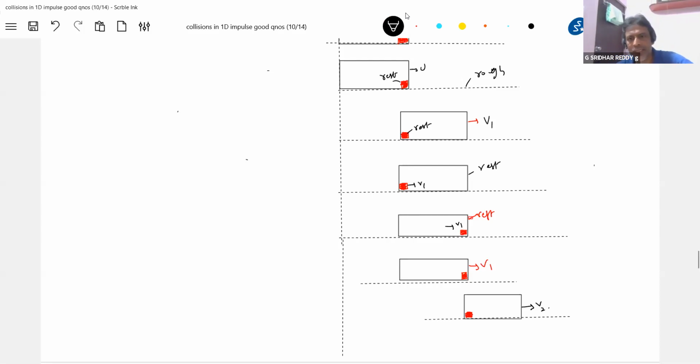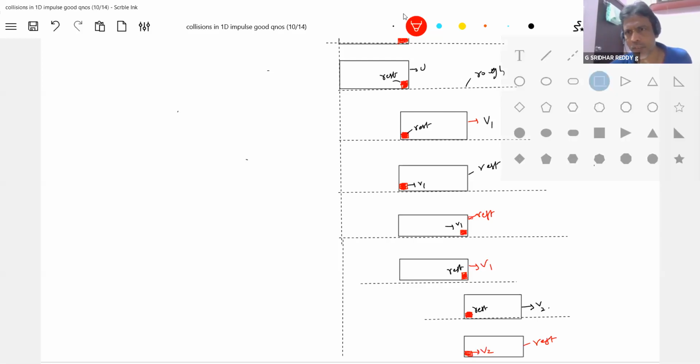Okay, this is a sequence that occurs. So what is the state of this? This will be at rest. Now, very next moment, one more, the velocity will be given to the block. And the sequence will continue. I don't have the patience to draw diagrams further.